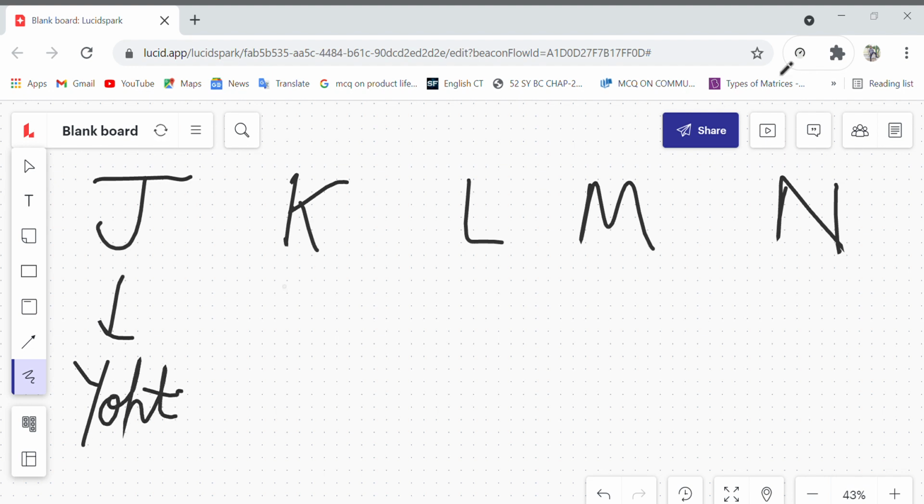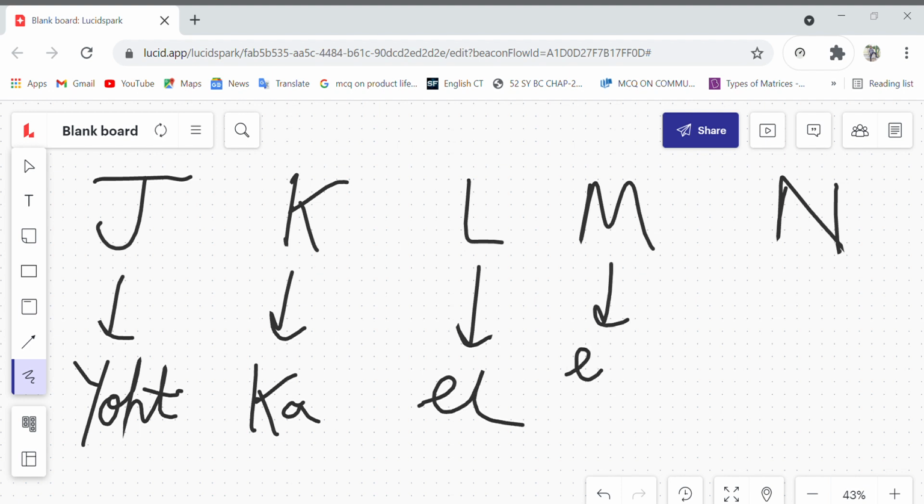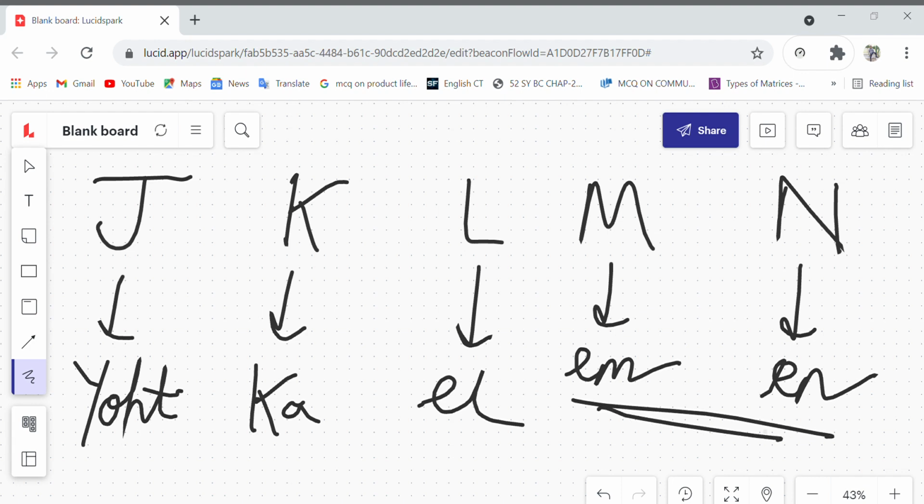For K, it is Ka. For L, it is L. The spelling is EL. For M, it's M. For N, it's N, EN. This is almost the same.